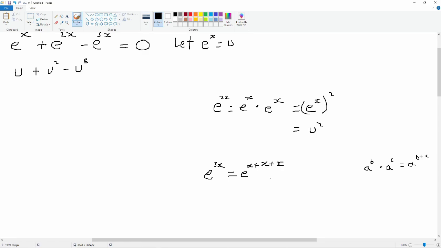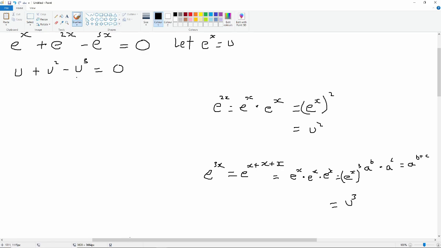So this is equal to e to the power x multiplied by e to the power x multiplied by e to the power x. And when we multiply something by itself twice over, that's basically it cubed, e to the power x all cubed. But e to the power x is equal to u, so this is equal to u cubed. So that's how we get here. And we don't forget that all this is equal to 0.